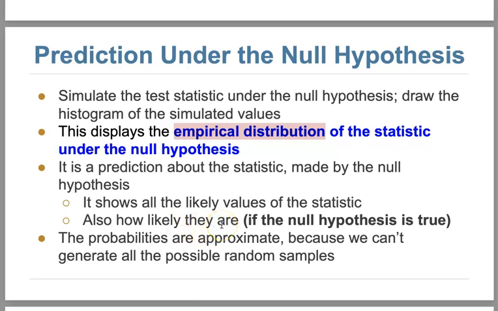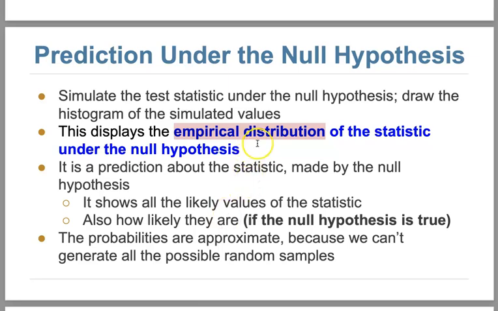Because we simulate so many times, your result actually represents the null hypothesis, with all the likely values you display and how the distribution looks. But the most important thing you need to understand is that the empirical distribution comes from a big amount of simulation.